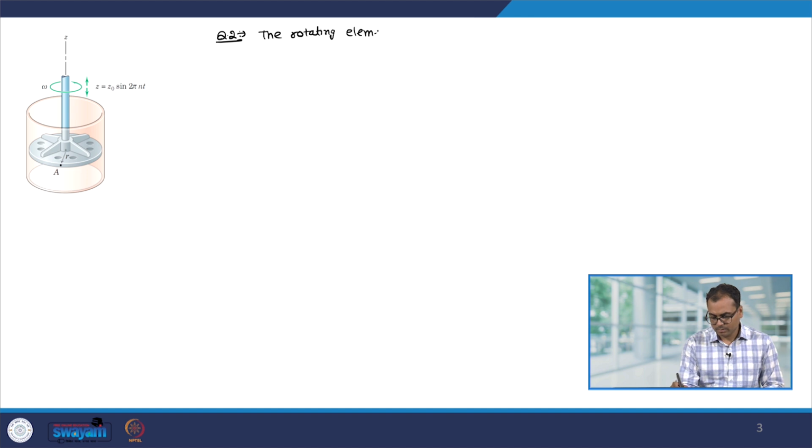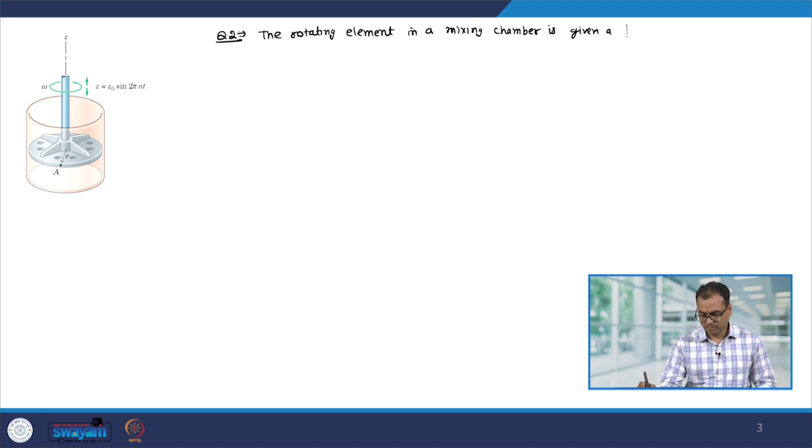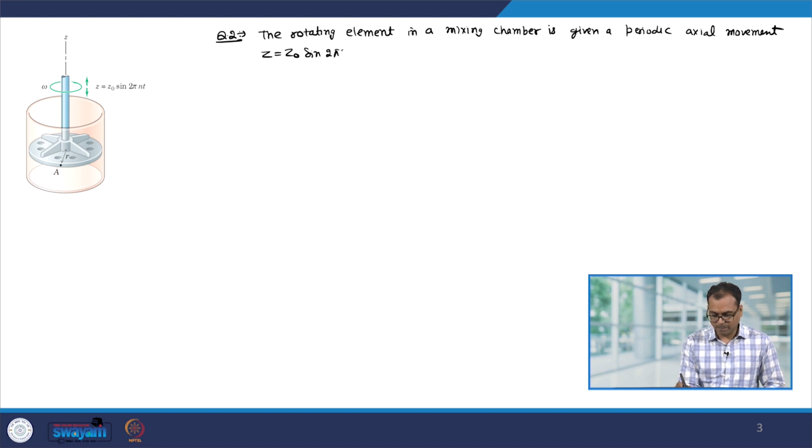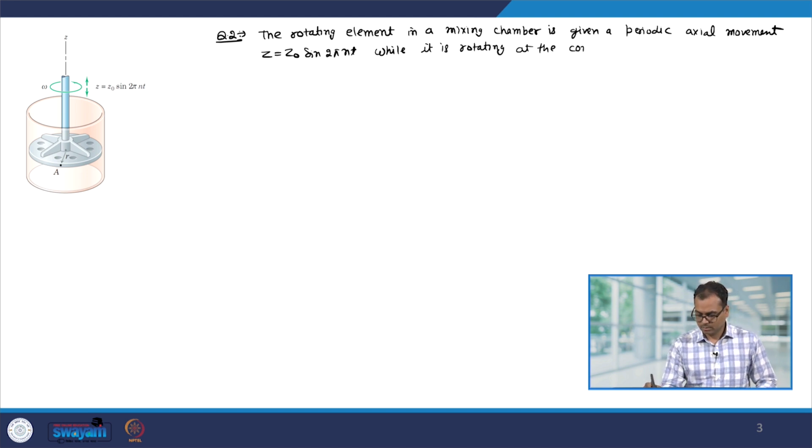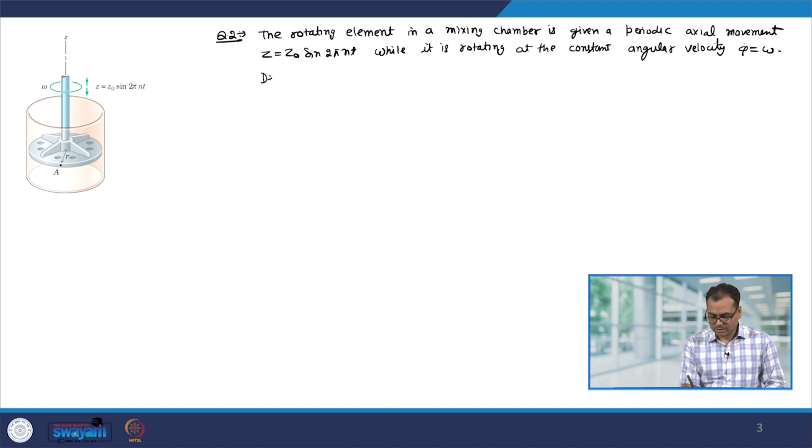The rotating element in a mixing chamber is given a periodic axial movement, which is given by z equal to z naught sin 2 pi n t, while it is rotating at the constant angular velocity phi dot, which is nothing but omega.